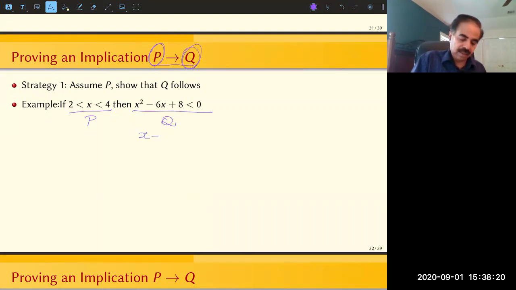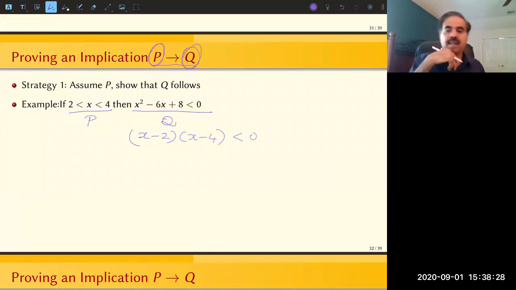So we can rewrite Q in this form. You can verify that minus 2 minus 4 is minus 6, which matches this coefficient, and minus 2 times minus 4 is plus 8, which matches that. So we know that this is a correct factorization of x squared minus 6x plus 8.